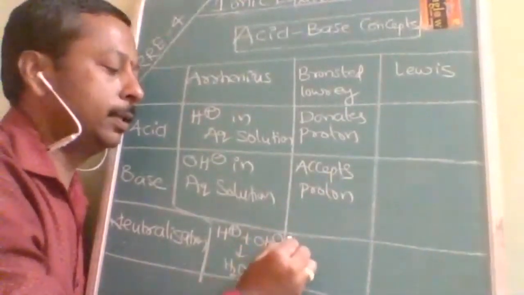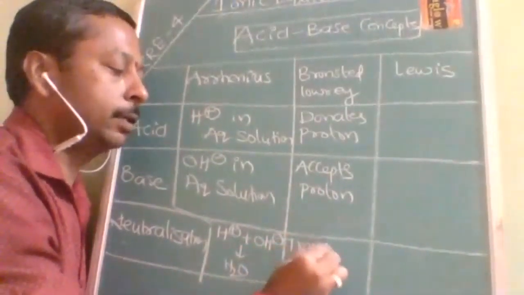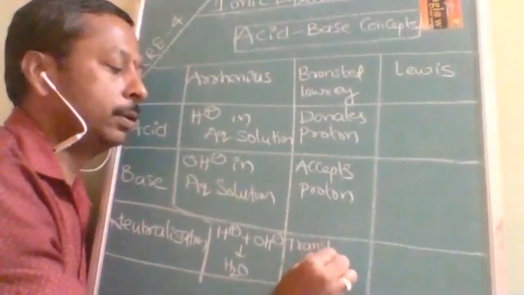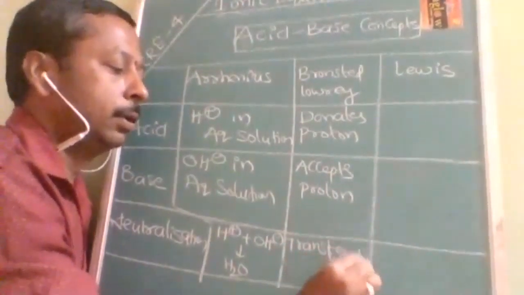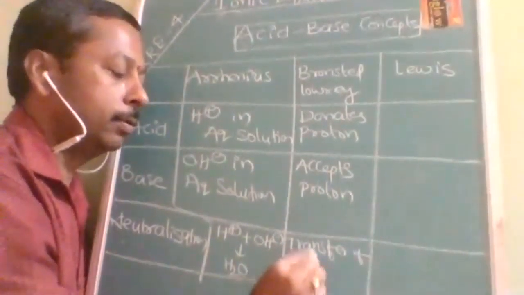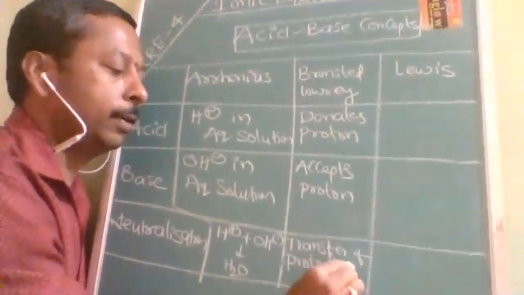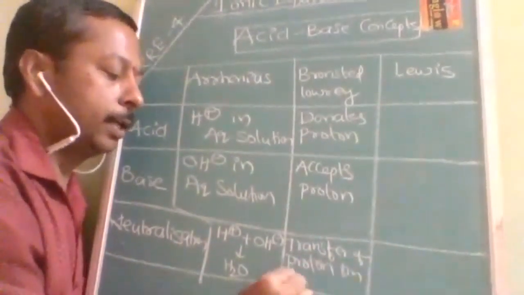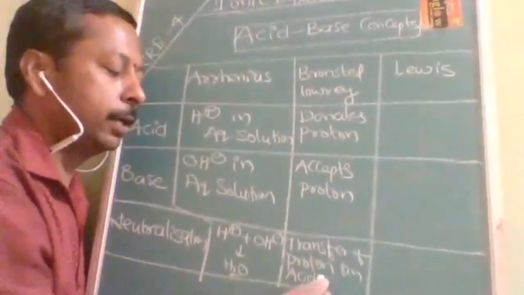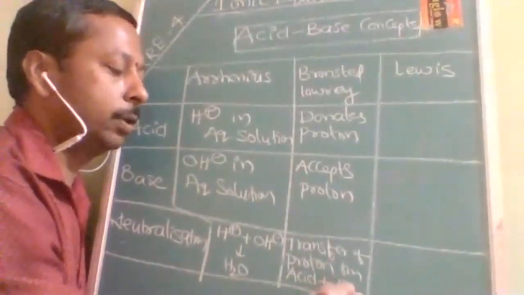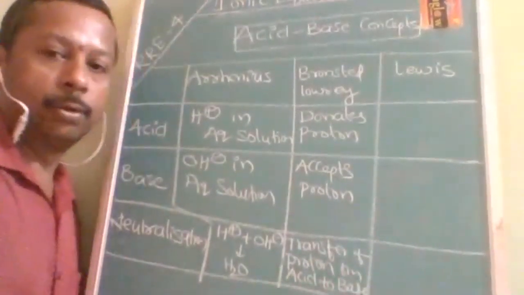Neutralization is simply the transfer of proton from acid to base. It will start from the acid and reach the base.